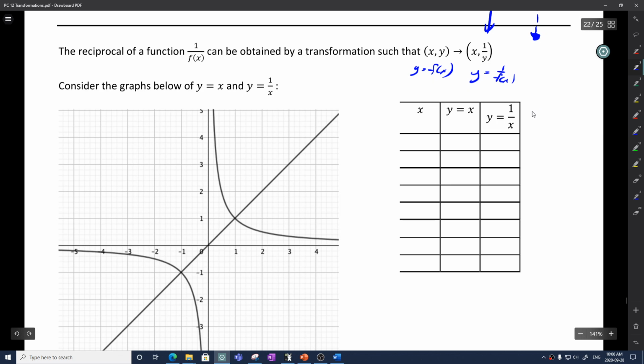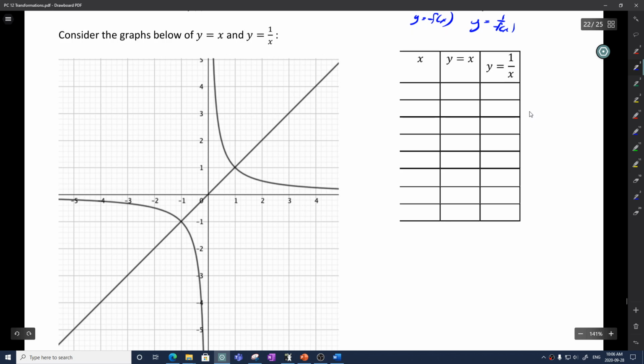Now I'm just going to consider the graphs below. y is equal to x is my line. You may recall there's nothing really too special about this line, but this is my parent function line here. The identity line, this is y is equal to x. And what I notice is that y is equal to x has certain points along the line, which is great.